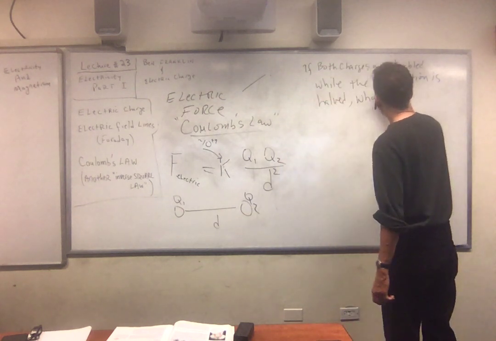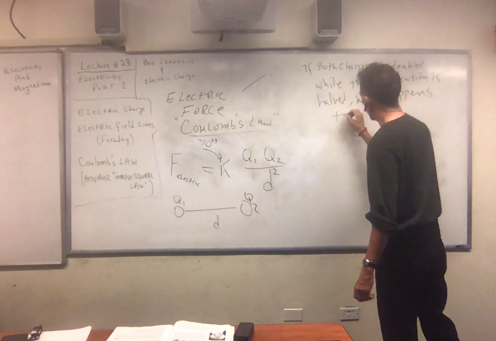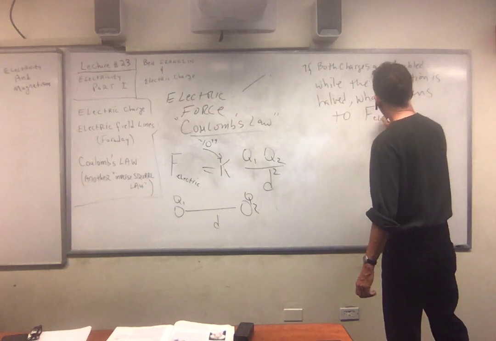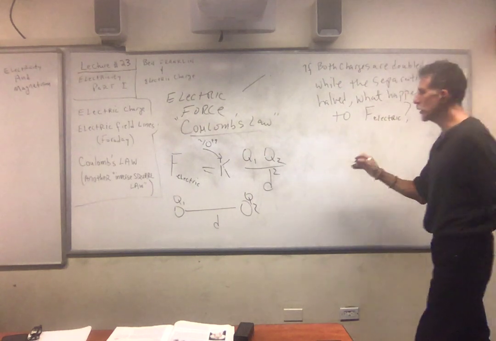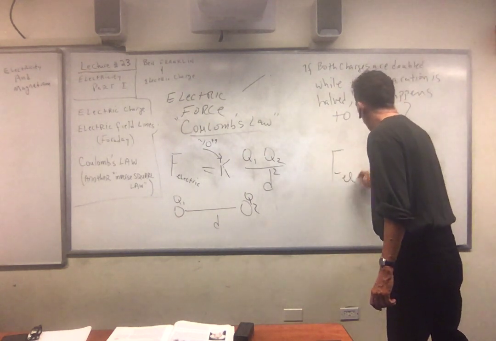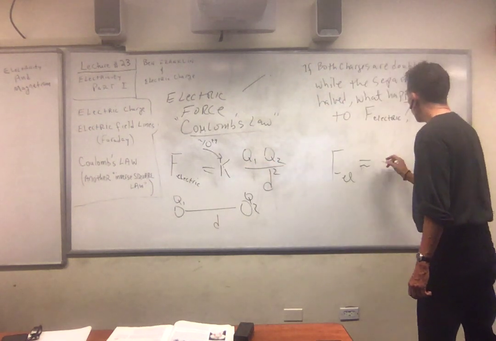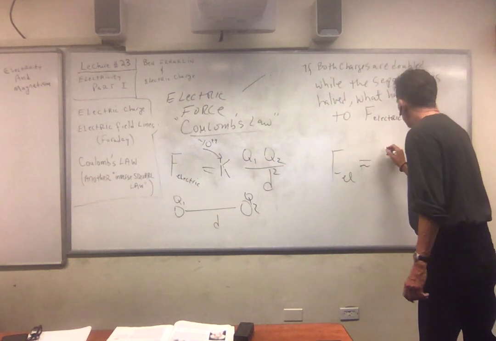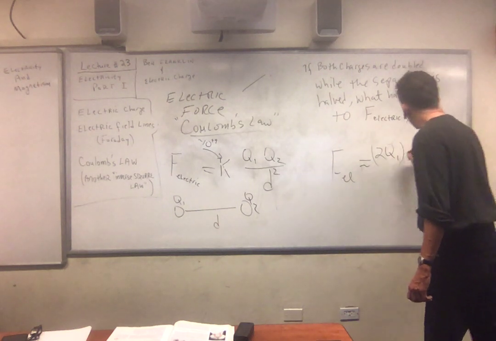What happens to the electric force, to F electric? Okay, so let's see. F electric equals, forget the K, okay? So I'm going to make this, instead of Q1 and Q2, I'm going to double each charge.